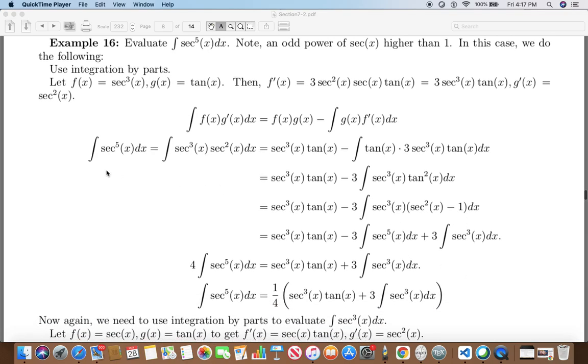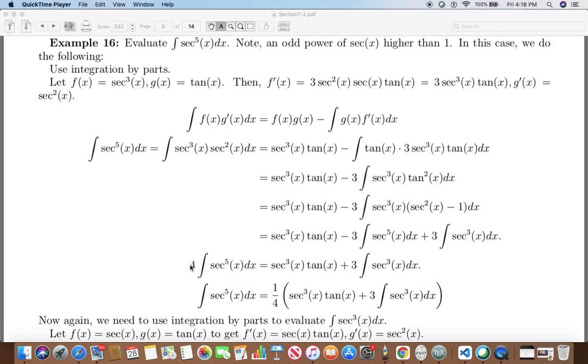So notice we started with secant to the 5th power and our calculation resulted in something with secant to the 5th power. So we are going to take this to the other side. 1 secant to the 5th power integral and negative 3 comes there and becomes positive 3.